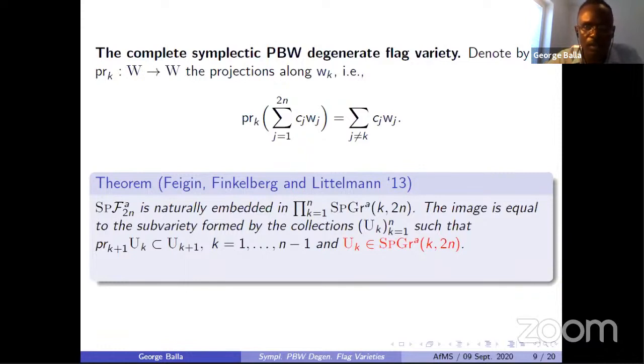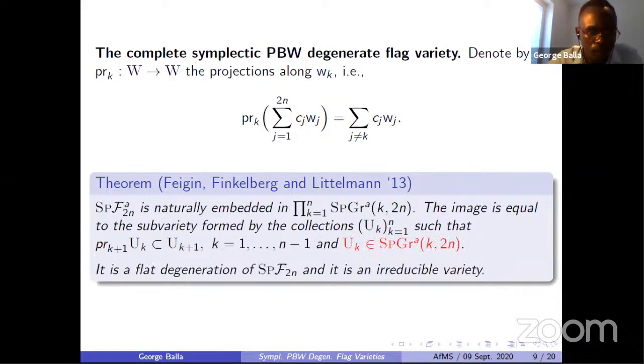This is the extra condition, or what we can call the isotropic condition. They proved further that this variety, recall we gave the definition of a flat degeneration, the complete symplectic PBW flag variety, is a flat degeneration of the classical counterpart, and it is also an irreducible variety.